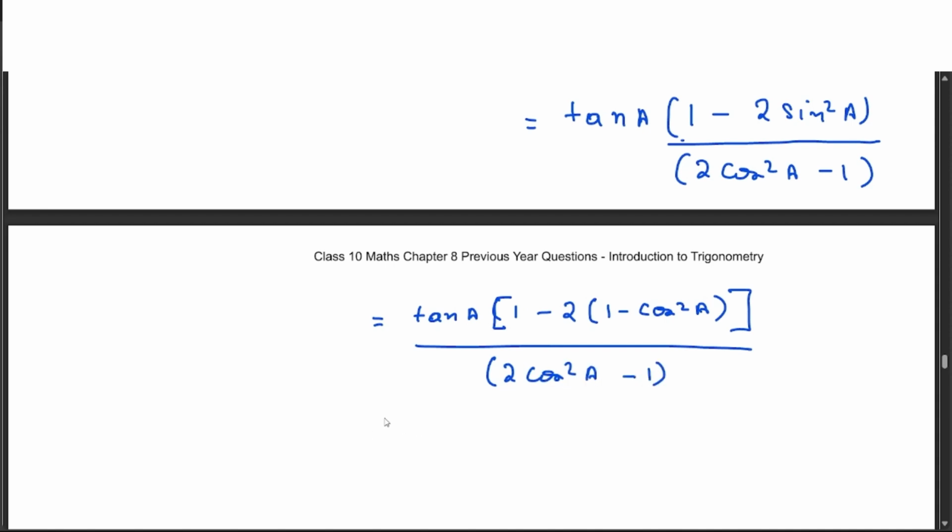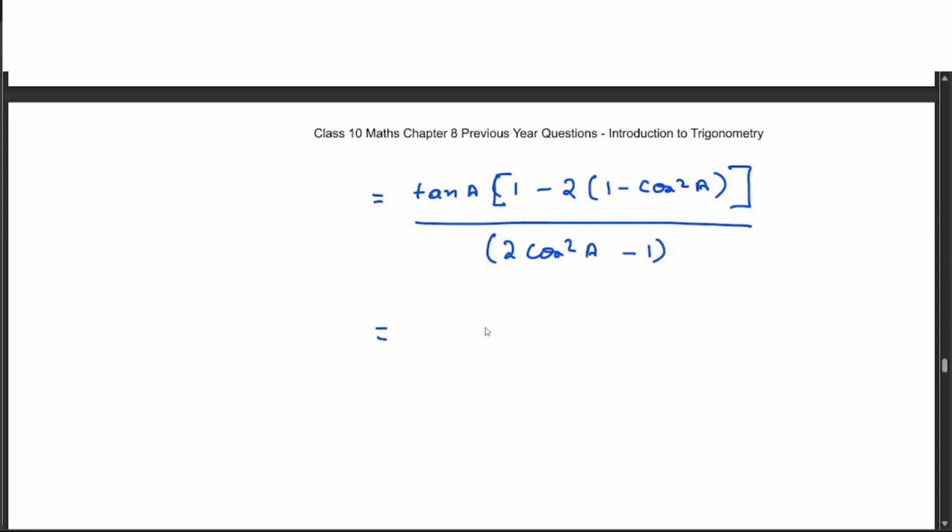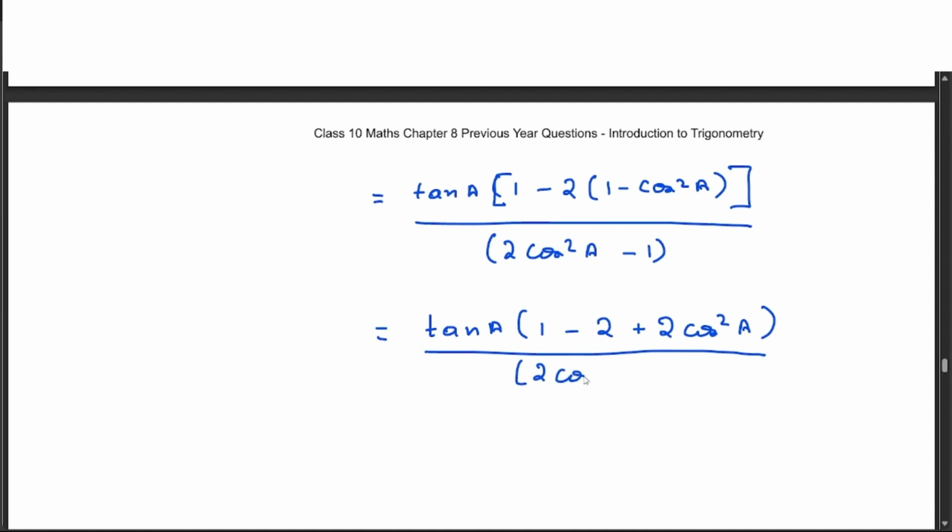So tan A times 1 minus 2 and minus 2 times minus cos square A, so this will become plus 2 cos square A, and the same denominator 2 cos square A minus 1.